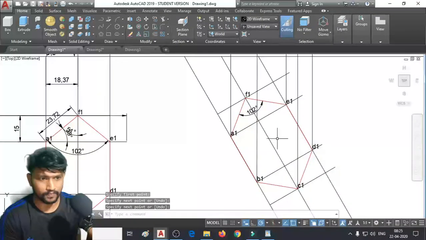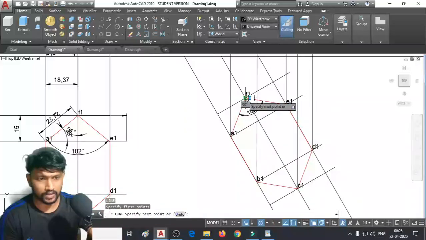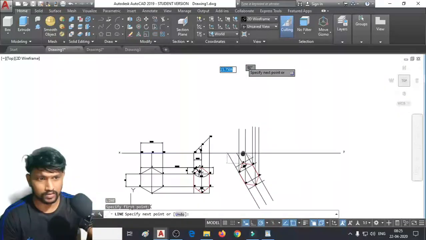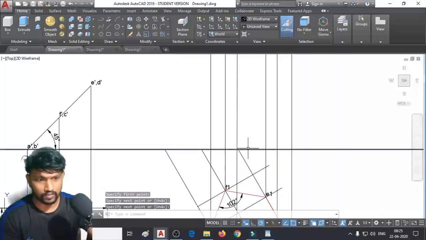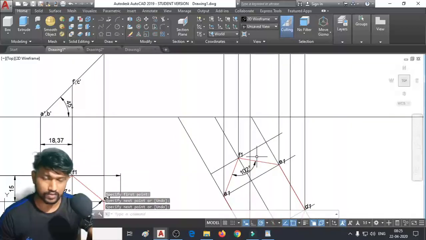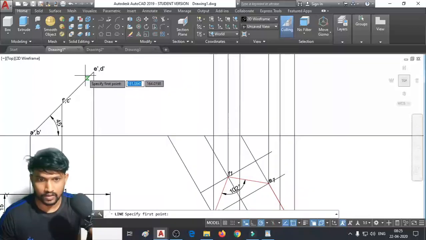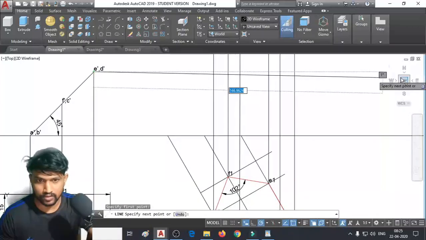It can start the straight lines from different locations, not from the points that I wanted to. So yeah, let's draw the projections in this direction also.